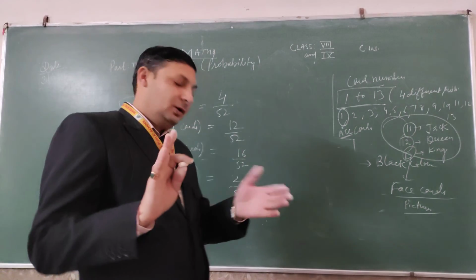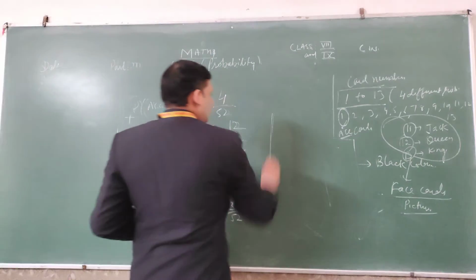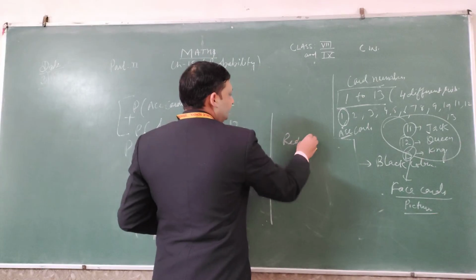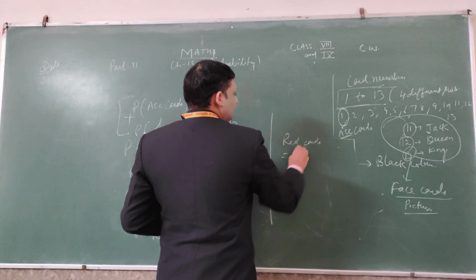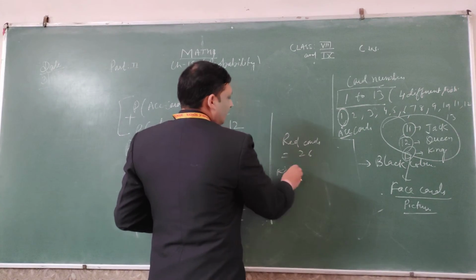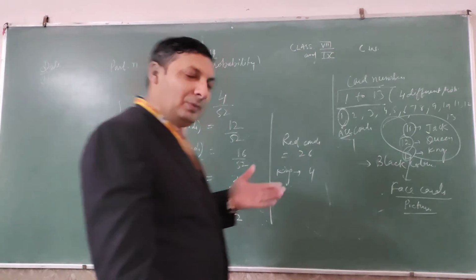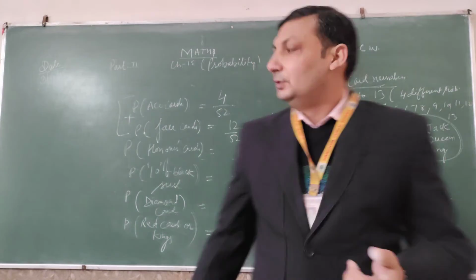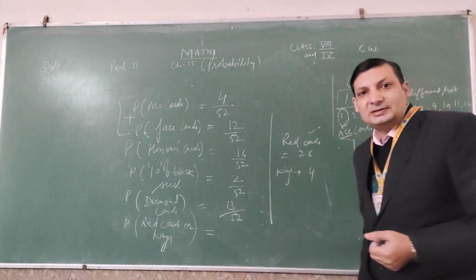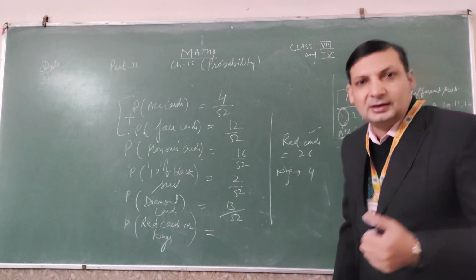How many red cards? 26 are the red cards total. When we talk about red cards, see here, red cards means 26. And king cards are 4. Everyone knows that, or you have learned, I hope. So there are 26 red cards. And how many king cards? 4 are the king cards.